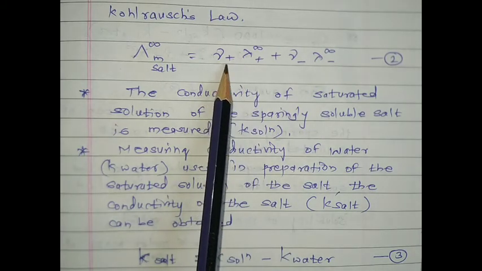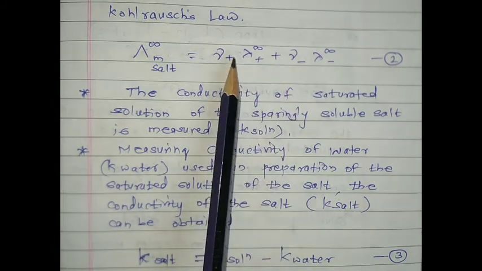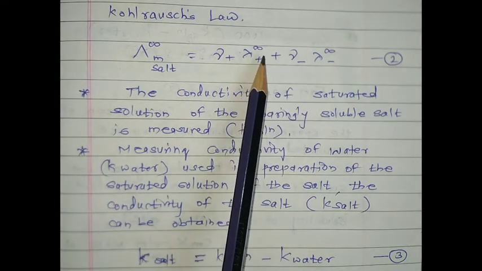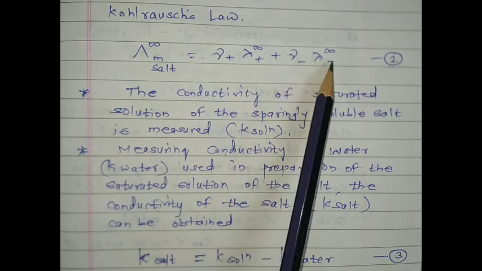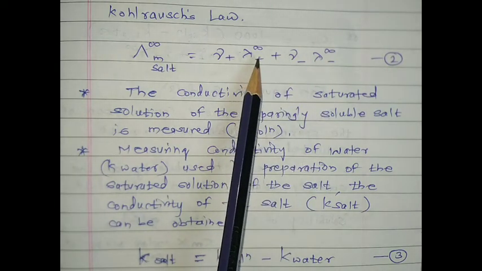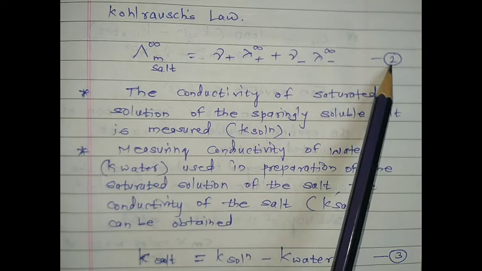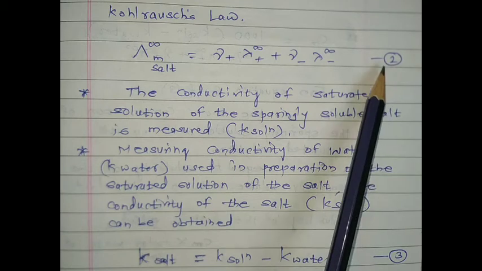Here mu plus and mu minus are the numbers of ions, that is cation and anion, and lambda plus and lambda minus infinity are the conductances at infinite dilution. So this is equation number 2.